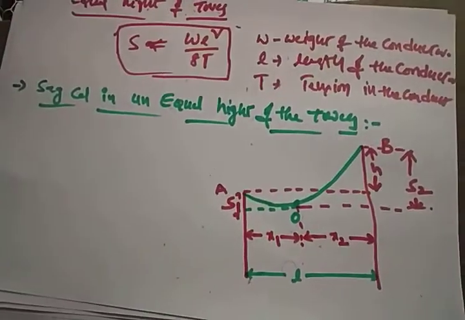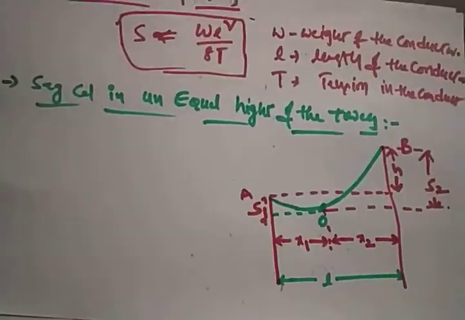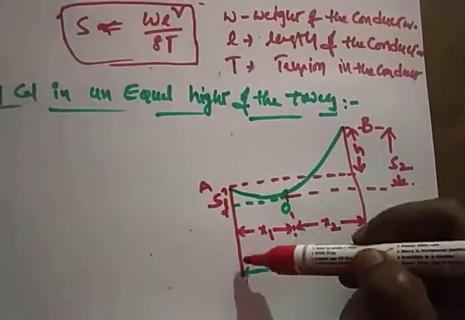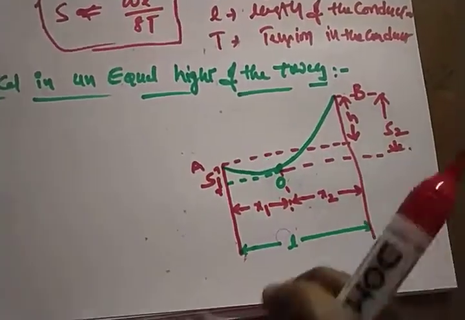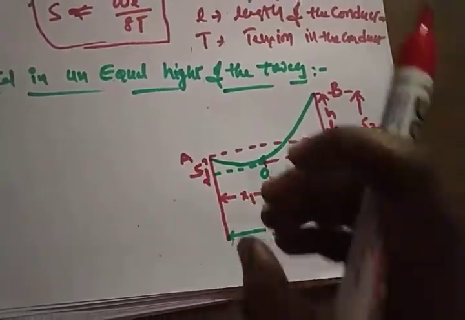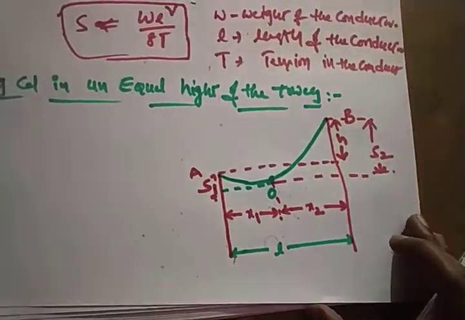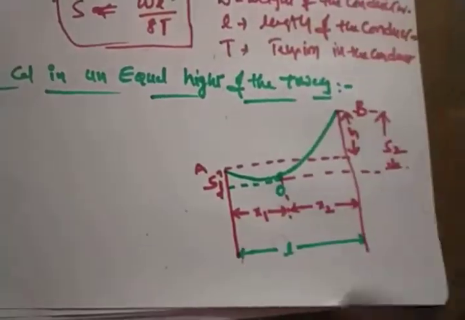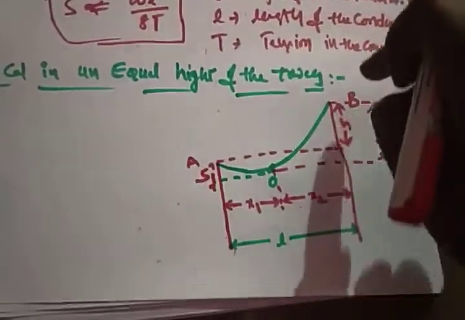So, sag calculations on unequal height of the towers. There are two towers, A and B, of unequal heights, as you can see from the figure. Now we are erecting the transmission line.